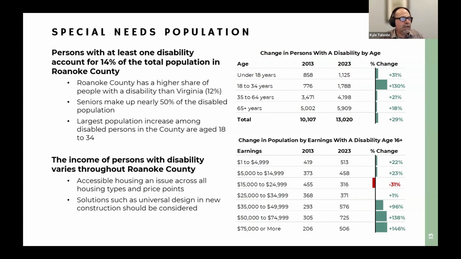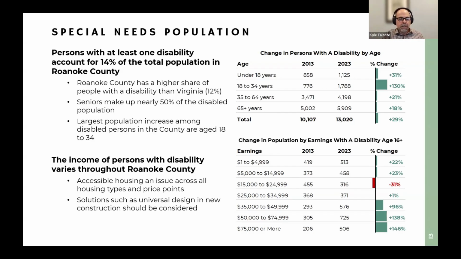The data that you're looking at here on the screen is the data for Roanoke County. And so as you can see here, over the past 10 years, the net number of people who have some form of disability, physical disability, mental disability, has increased almost 30% in the past 10 years, with the largest being in individuals between 18 and 34.